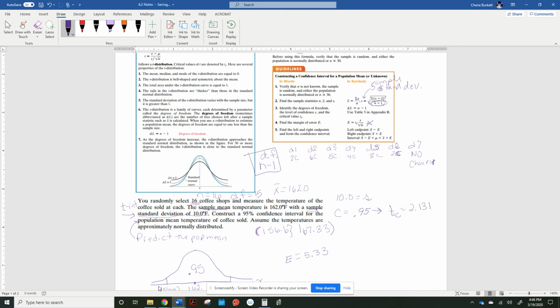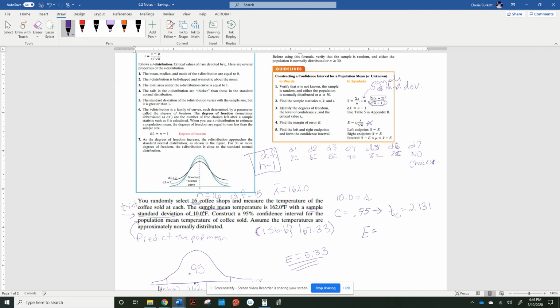Now, again, what was that used for? That would be used if we needed to calculate the margin of error. Now, remember, we've already used StatCrunch, and we figured out what our margin of error is. So we're just going to calculate this a different way now.